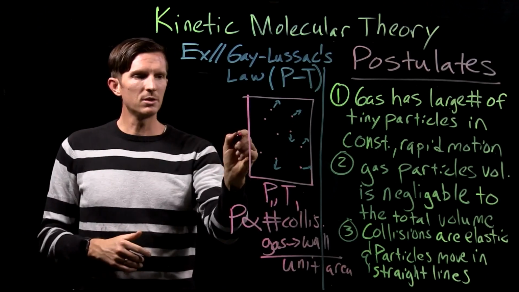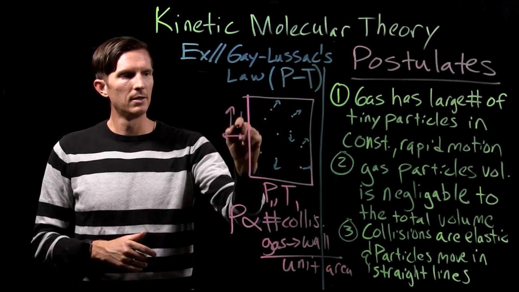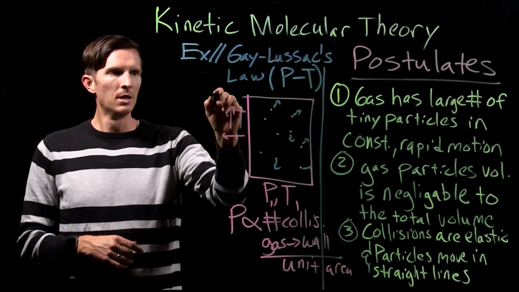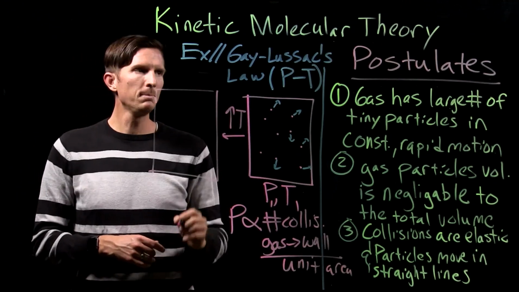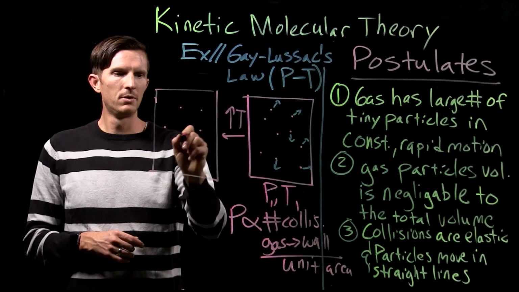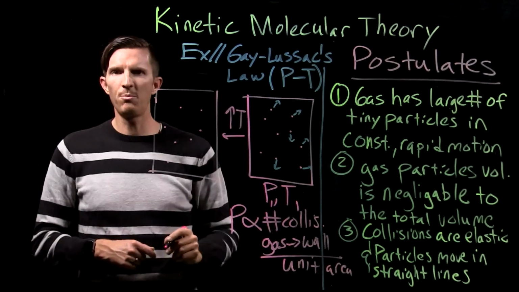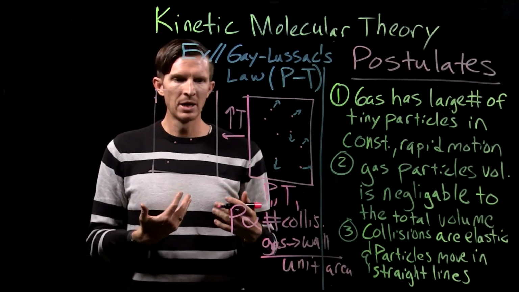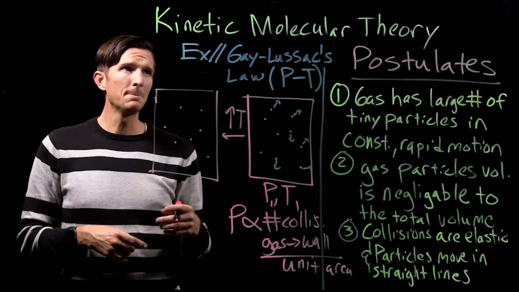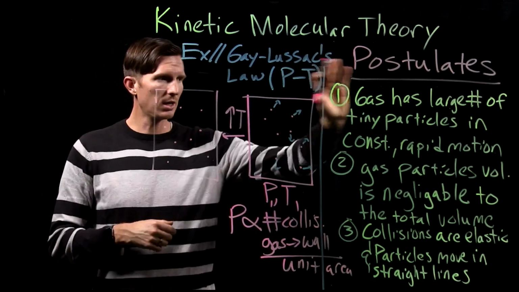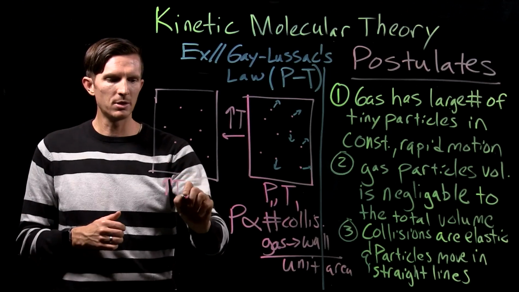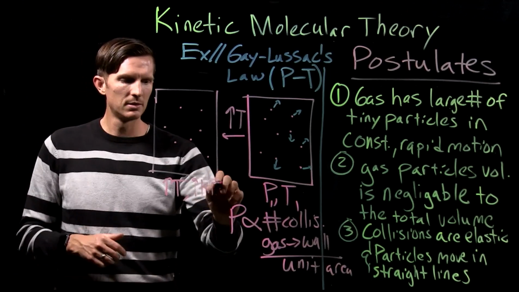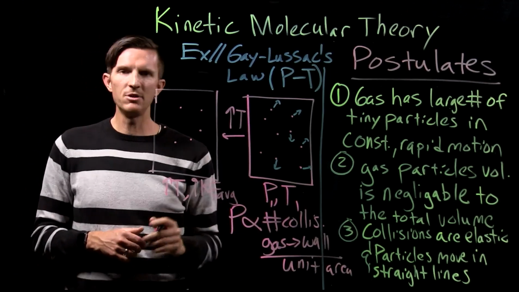So now let's go ahead and increase our temperature. Again, we have our container here with the same volume, and we have the same number of particles. We haven't changed the number of particles. Now if I increase the temperature, the kinetic molecular theory says that an increase in temperature increases our average kinetic energy.